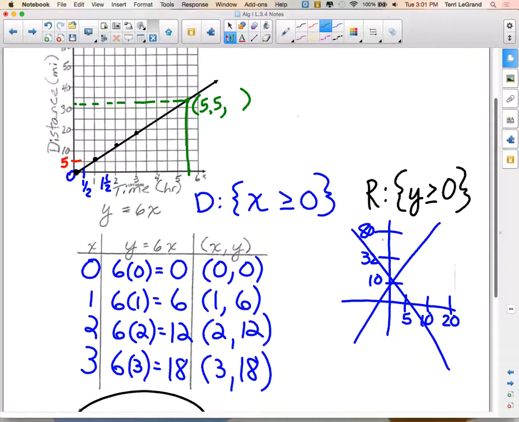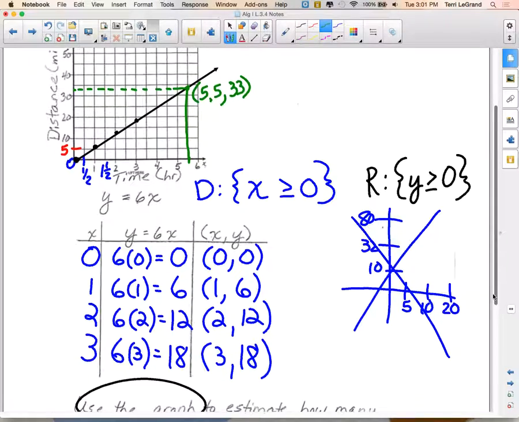I'm going to go with about 33, okay? I have no idea what it's supposed to be exactly, but according to my graph, I think it's about 33. So I'm going to follow straight across and say, I think that's about 33.